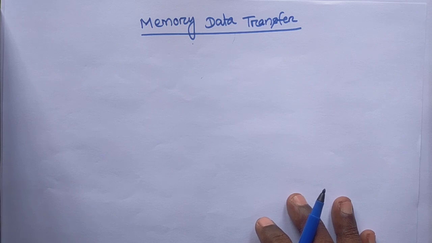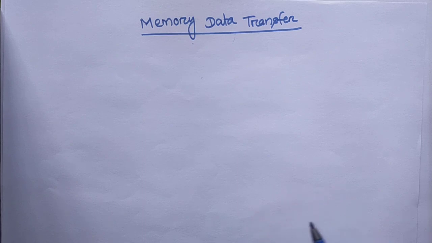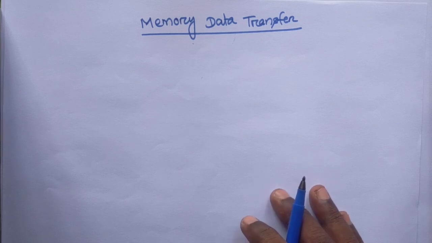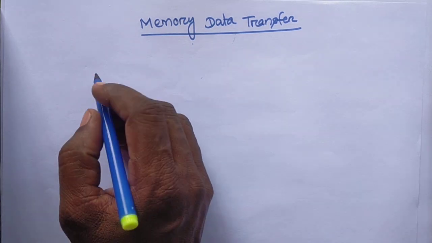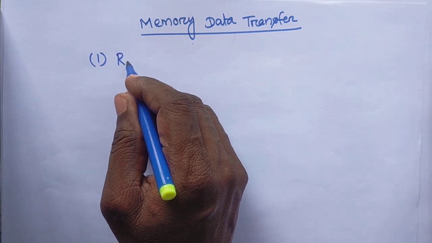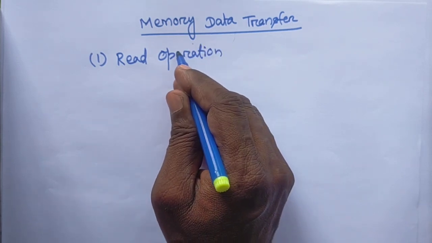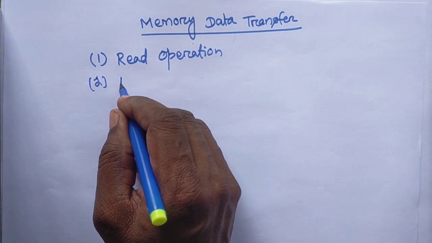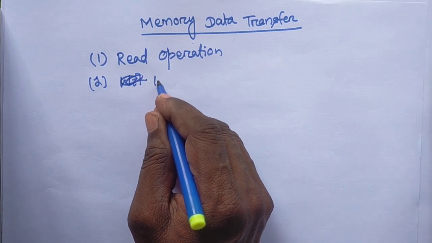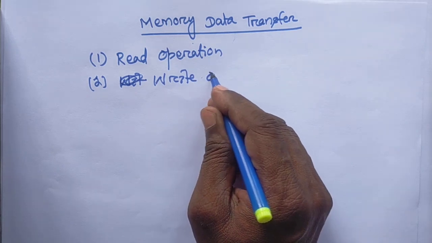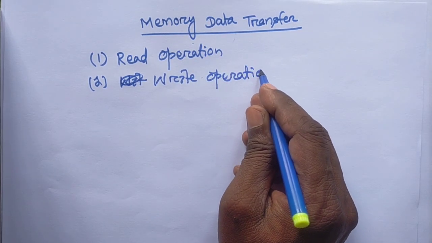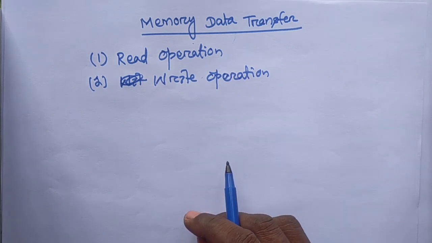Normally two operations are standard for transferring data from memory or into memory: one is a read operation, and another is a write operation.